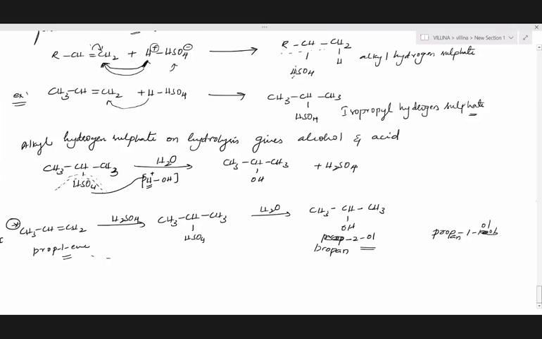But that formation of 1-propanol is not at all feasible by this particular reaction. We have to follow another reaction. So in the presence of sulfuric acid followed by hydrolysis, we will get alcohols from alkenes.